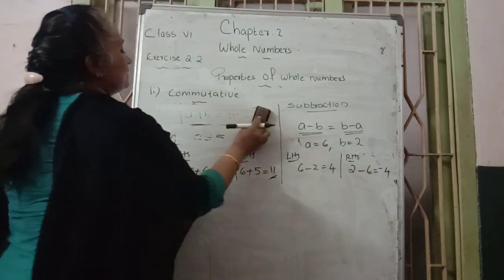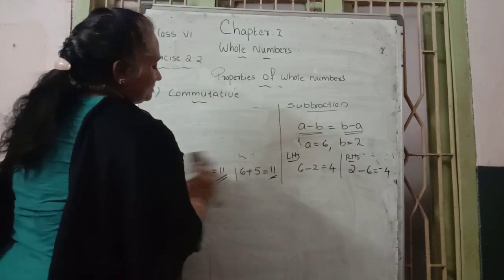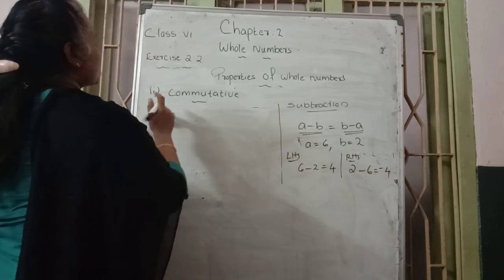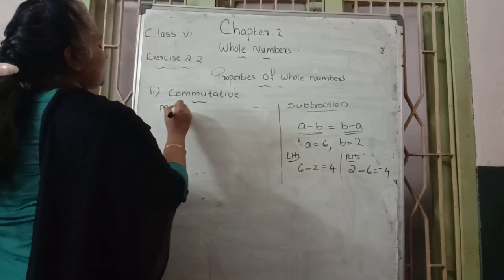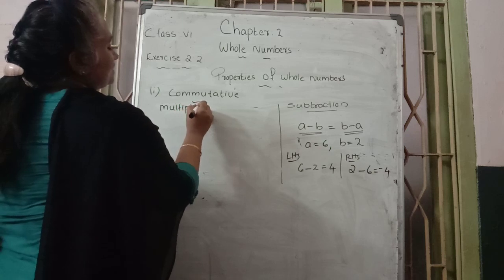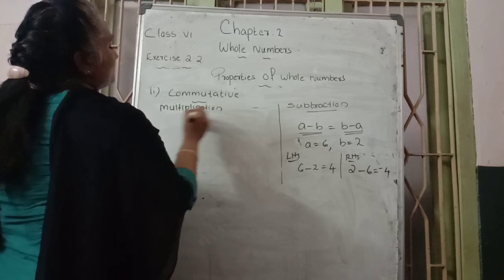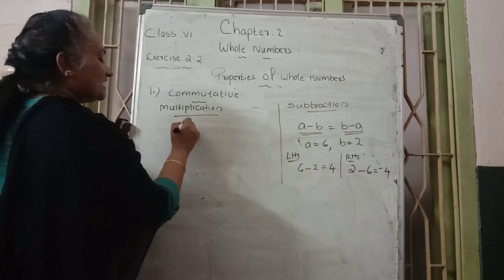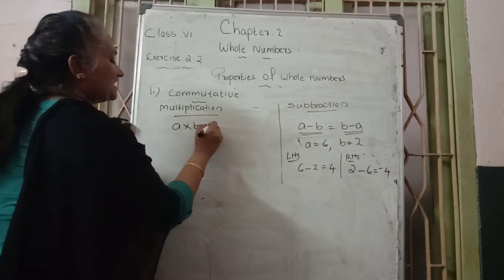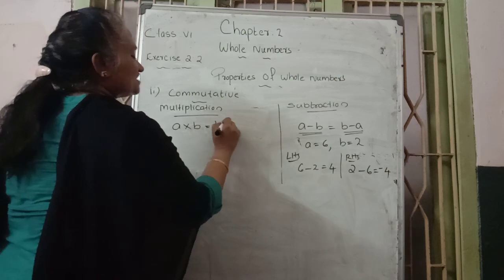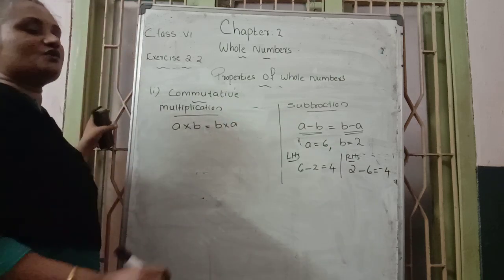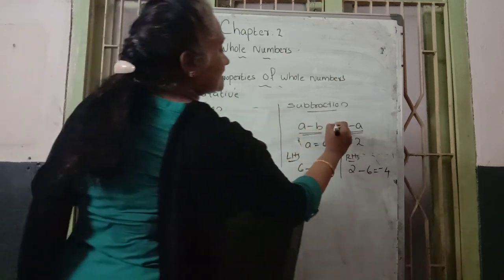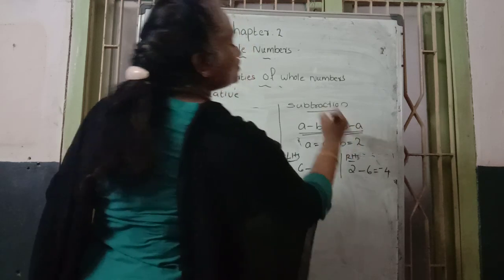Then next, the multiplication case. We want to check whether it is satisfying or not. In multiplication, if we take any two numbers and multiply, and also change the order and multiply, the same answer only is obtained. Here in the subtraction case, we can say it is not satisfied.